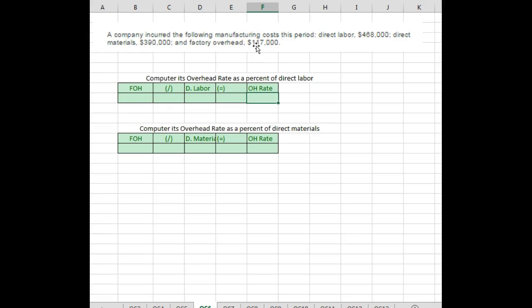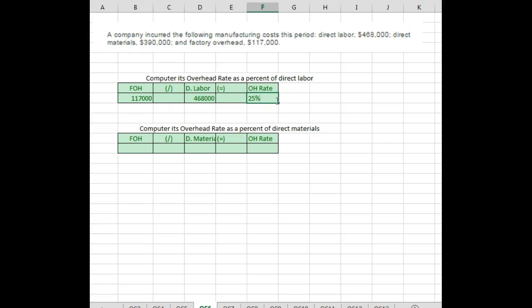And they want us to come up with a rate to use to apply that overhead to other jobs. So what we're going to do is divide that 117 by labor. If they were to use labor as their driver, it would be at a rate of 25% of labor. So when I take 117 and divide it by 468, I come up with 25%.